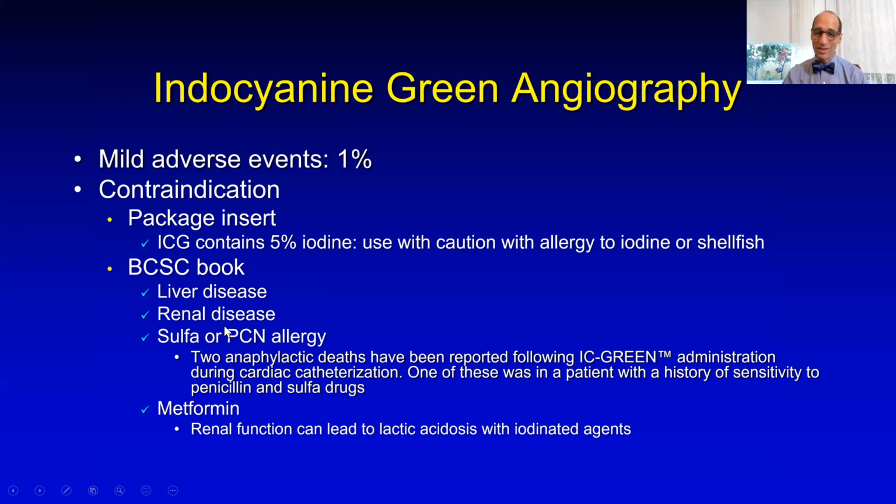I have to say, although that's not something we usually check, we do avoid it with iodine and shellfish, but I don't know that that's even necessary. Some people say that you can do it. Honestly, with the OCTs and the other imaging we have, the angiograms are getting less and less necessary.